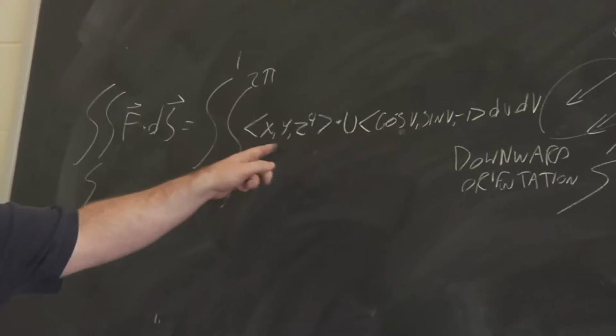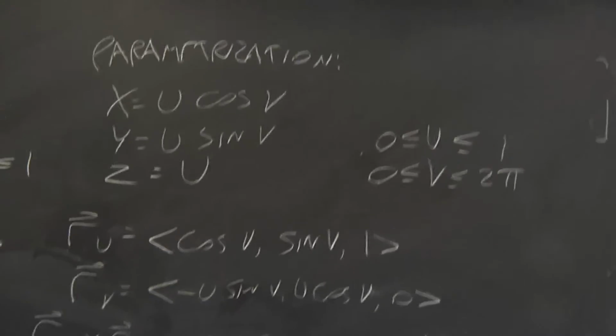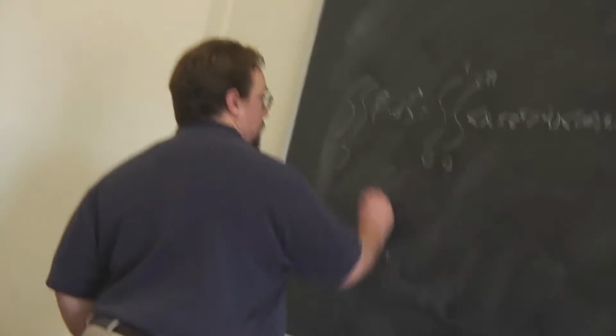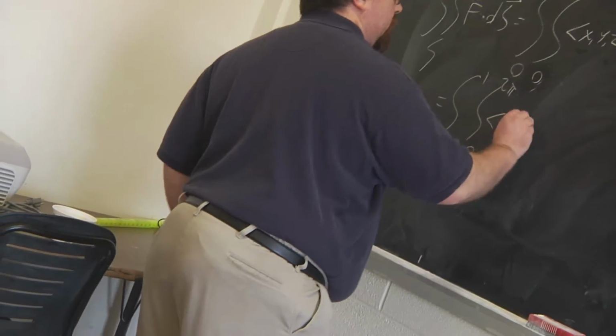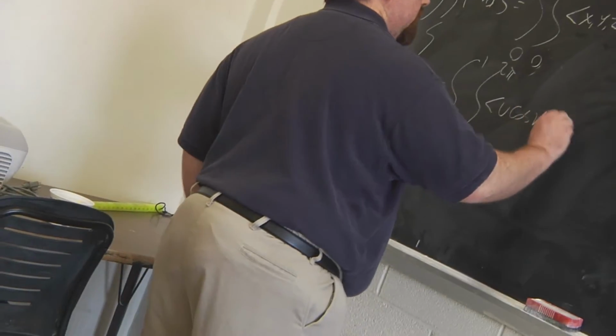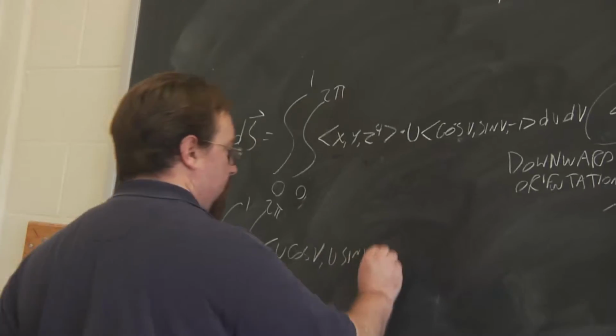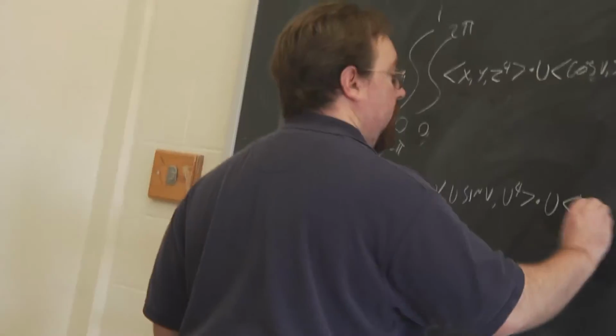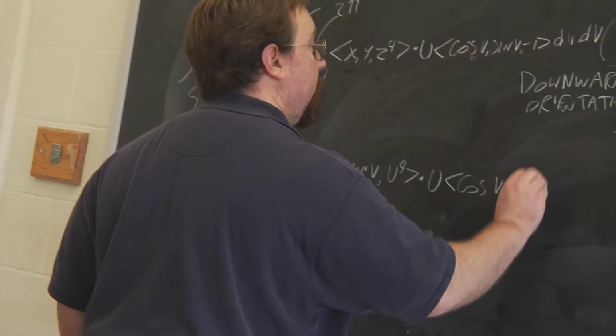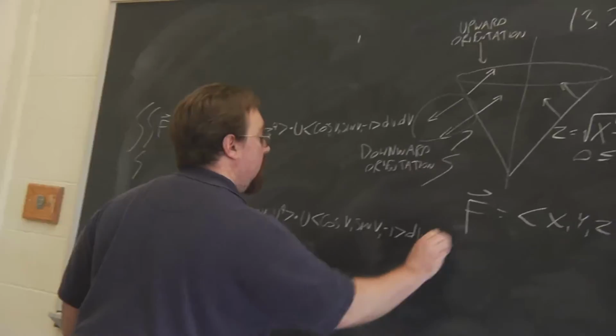But I need to write x, y, and z to the fourth in terms of u and v. So you go to your parameterization and fill that in. So we have u cosine v, u sine v, and then z to the fourth, that's u to the fourth, dot product with u times cosine v, sine v, minus 1, du dv.